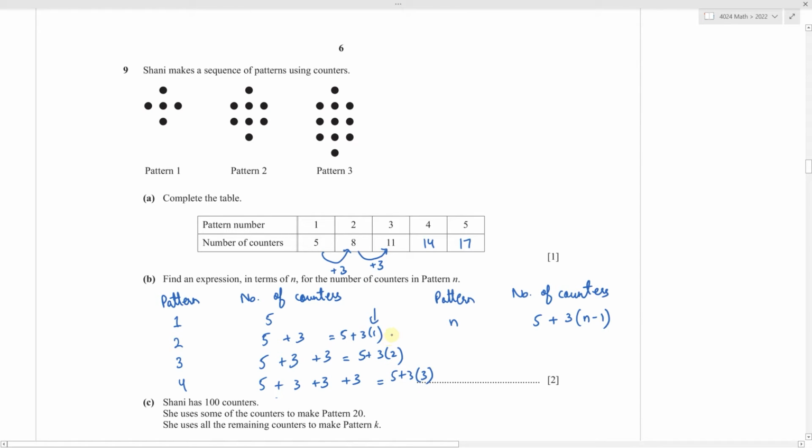So this number here each time is 1 less than the pattern number. So if this is n, this will be n minus 1. So now let's solve 5 plus 3(n minus 1). If I open the bracket, 3n minus 3. And 5 minus 3 is 2, so this will become 3n plus 2. So the number of counters in pattern number n is 3n plus 2.